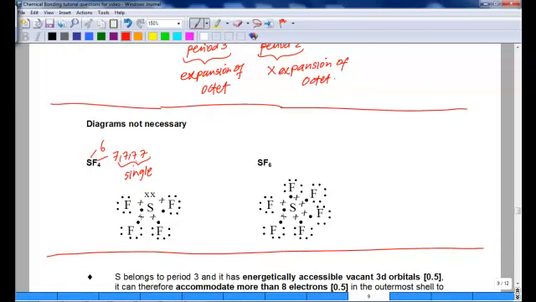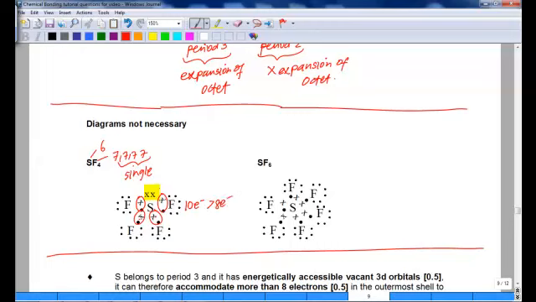So in this case, 4 single bonds: 1 single bond, 2, 3, 4 single bonds. That means sulfur should be left with 1 lone pair of electrons. So in this case, in total I have 2, 4, 6, 8, 10 electrons, which is an expanded octet.